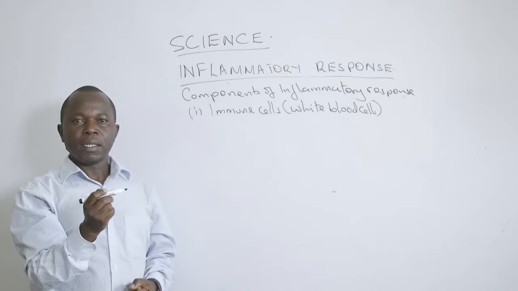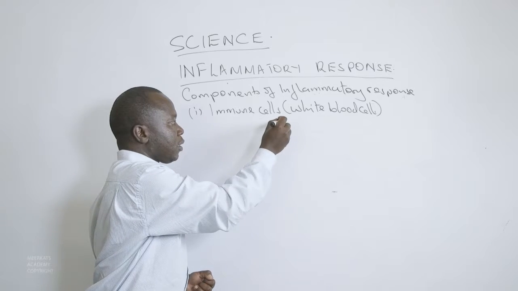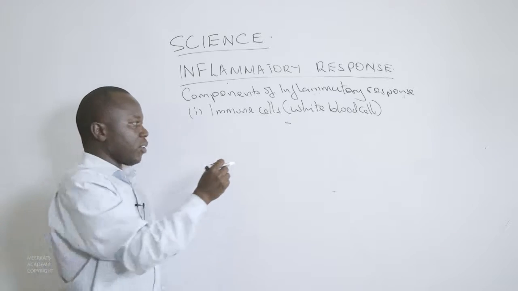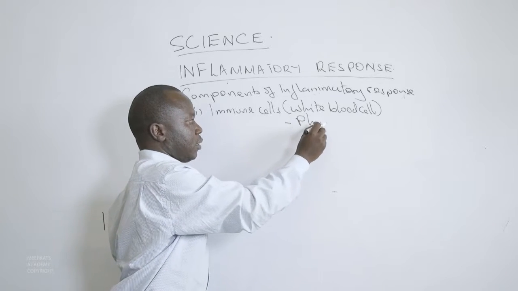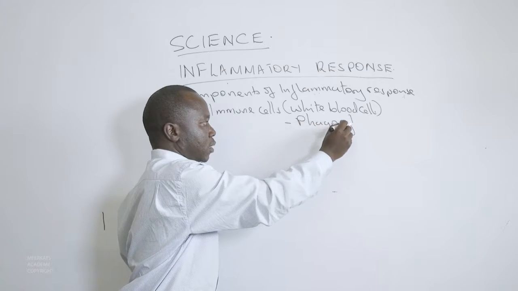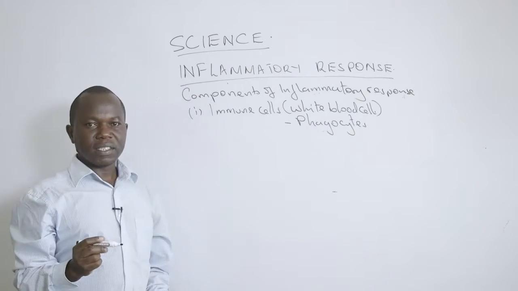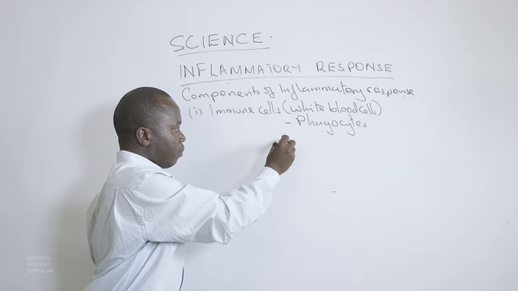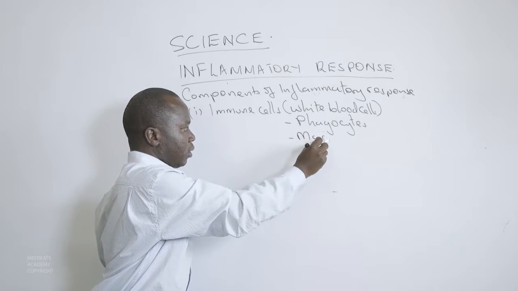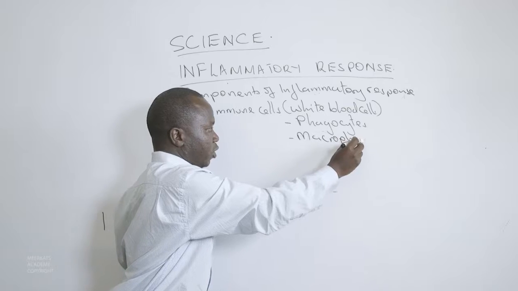But specific white blood cells include phagocytes, and another type of white blood cells called macrophages.